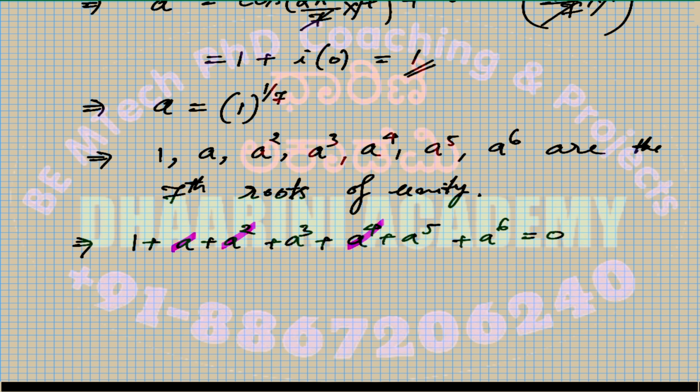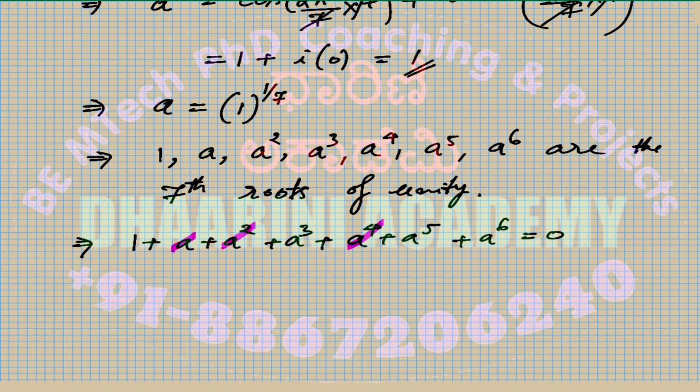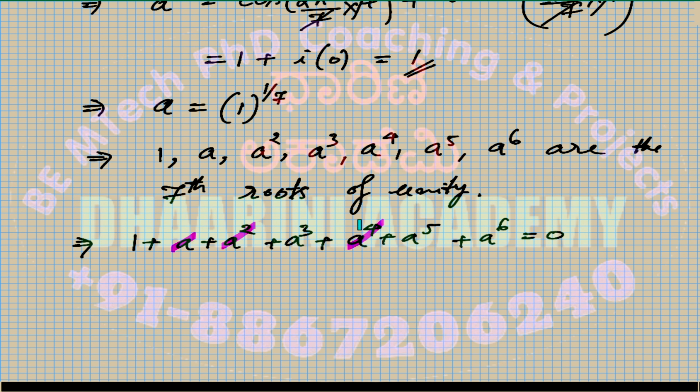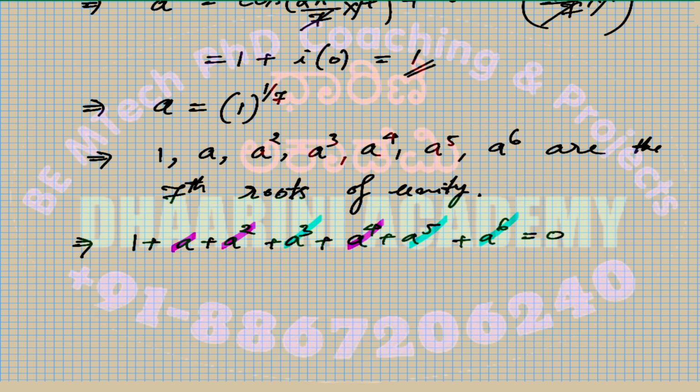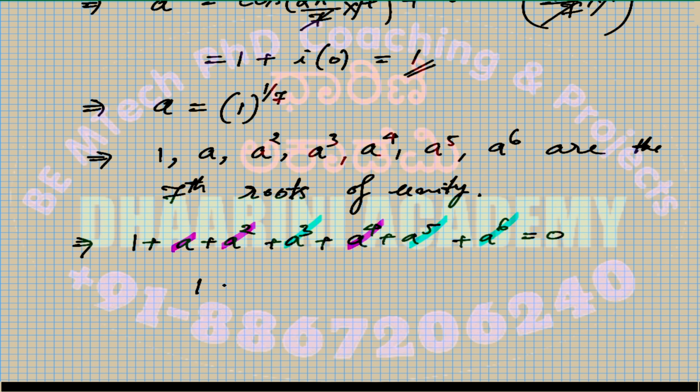At the same time, they also have mentioned that a to the 3, a to the 5 and a to the 6 are beta. So there is alpha as well as beta present in this. So I can simply write this as 1 plus alpha plus beta is equal to what? Minus 1.